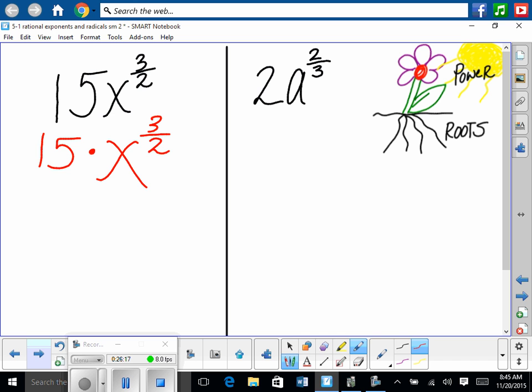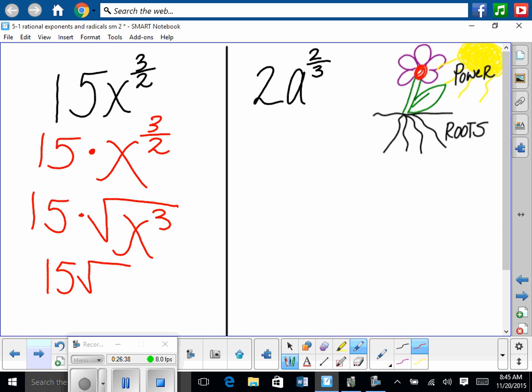Is 15 even under the root in this one? Nope. So we have 15 times the what root? Square root of x to the 3rd power, right? So our final answer written in the most simplified form would be 15 square roots of x cubed. 15 times that is just 15 times that written like this.